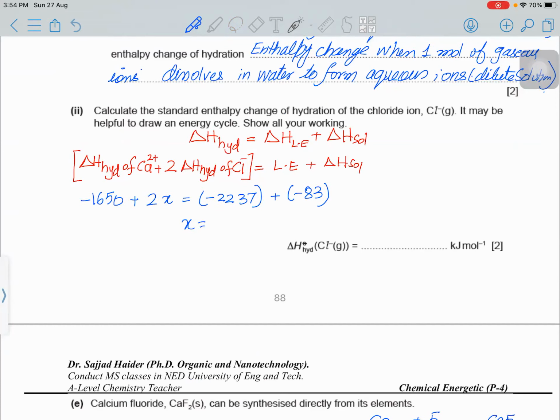Yes, now calculate. Minus 2237 minus 83 plus 1650, divided by 2. So minus 335 kilojoule per mole.